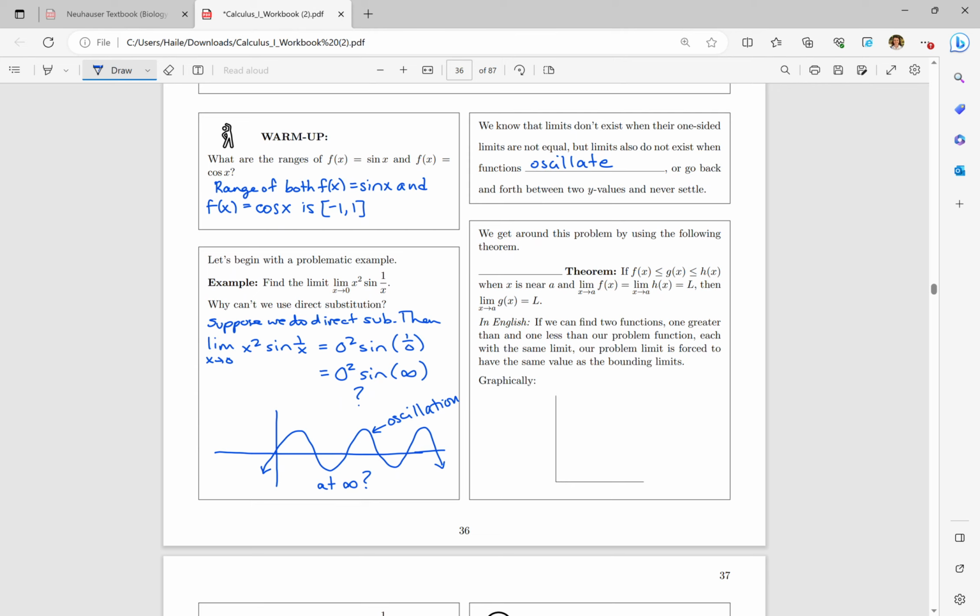To do this, we use what's called the squeeze theorem. The idea of using a theorem to show an answer might be kind of new, so we're going to go through this a little slowly.